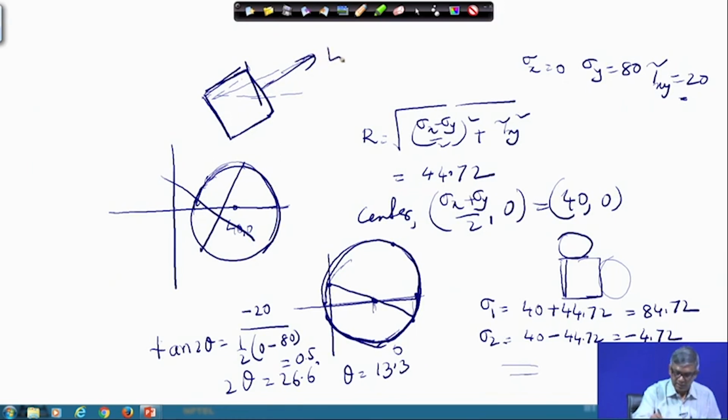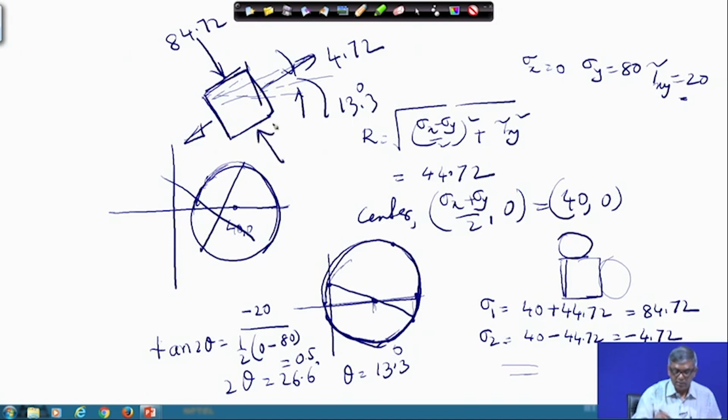Since it is tensile, it will be minus 4.72 in this direction, and this one will be compressive, and that will be equal to 84.72. And this angle will be 13.3 degrees, and obviously this side also is the same tensile, this side also the same. So, this is the one.